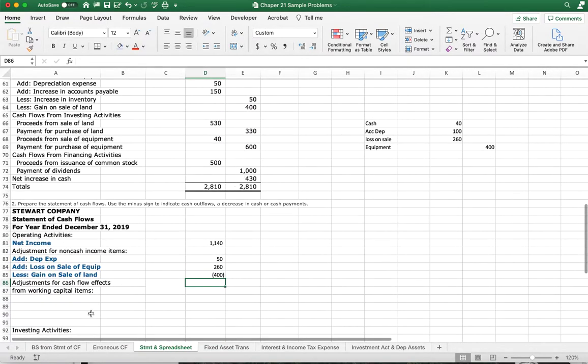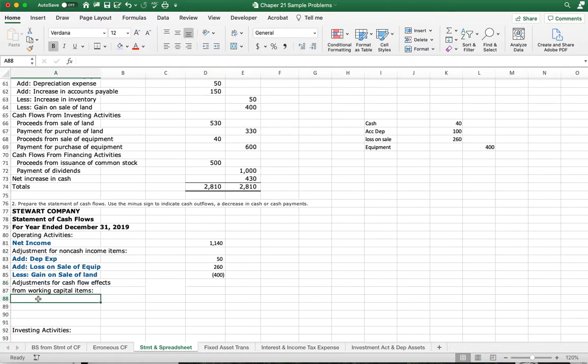And then our adjustments for cash flow effects from working capital items, we'll have the decrease in accounts receivable, the increase in inventory, and the increase in accounts payable.